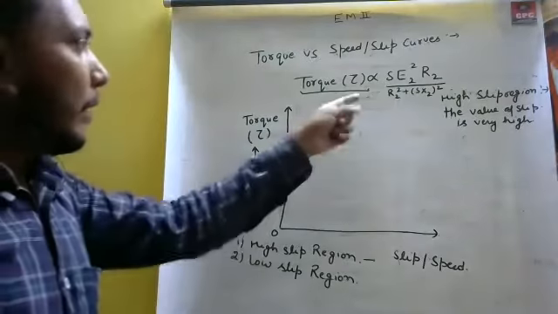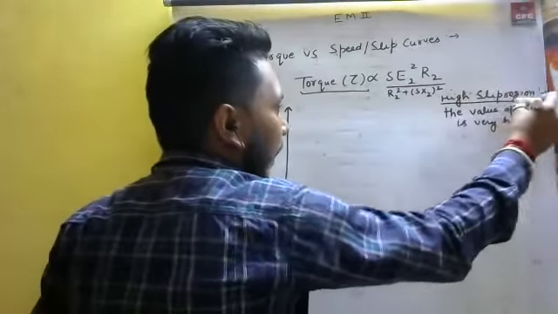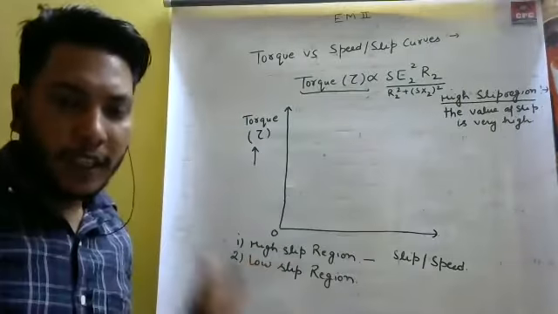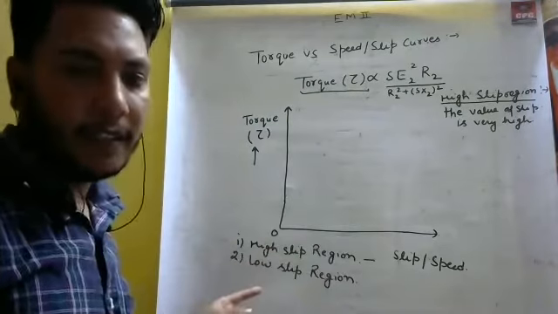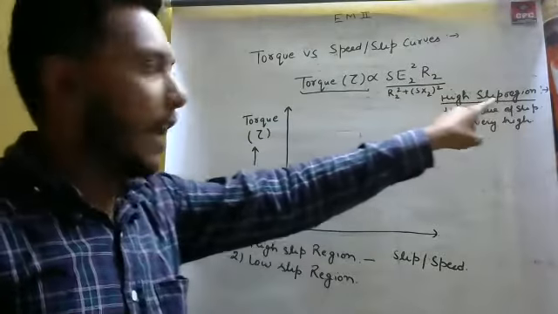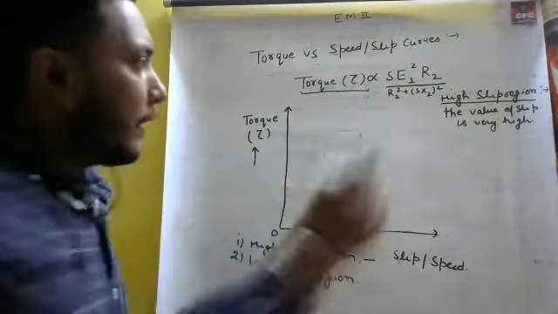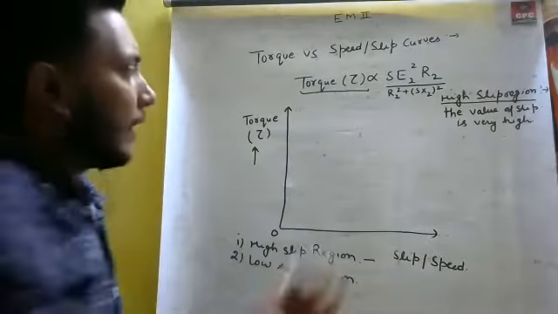So from the relation of torque, in the high slip region, as the name says, the value of slip is very high.